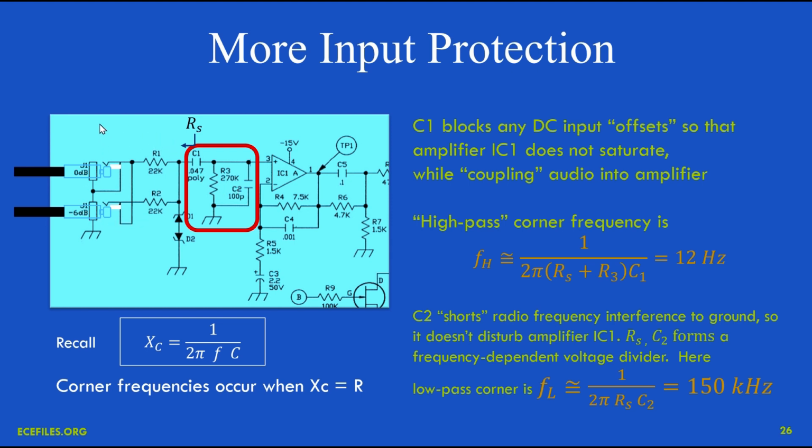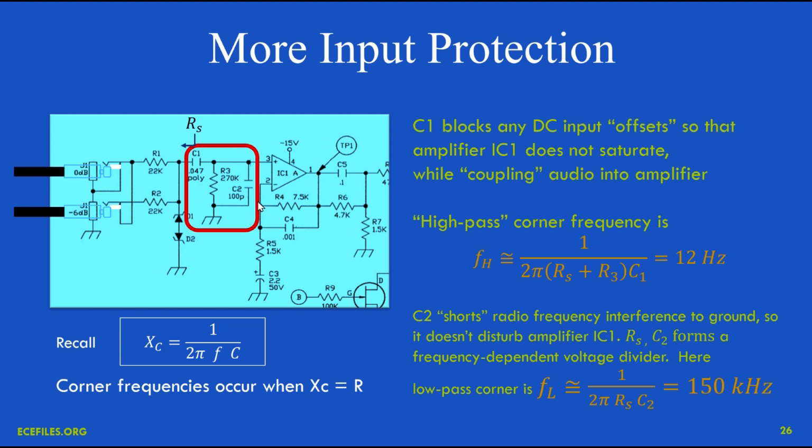Meanwhile, the input, remember the Thevenin source is a 11K ohm source resistance, so now we get voltage division with it. So as the signal goes through R1 here, this capacitor, C2, will do what we sometimes call short the signal out. So it basically forms a voltage divider. But that only happens above 150 kilohertz.